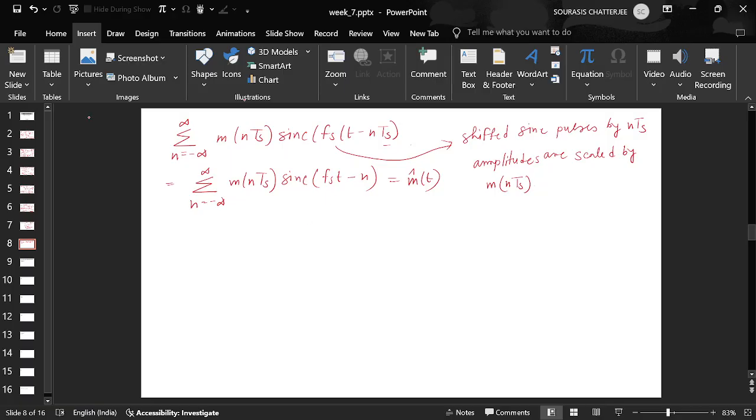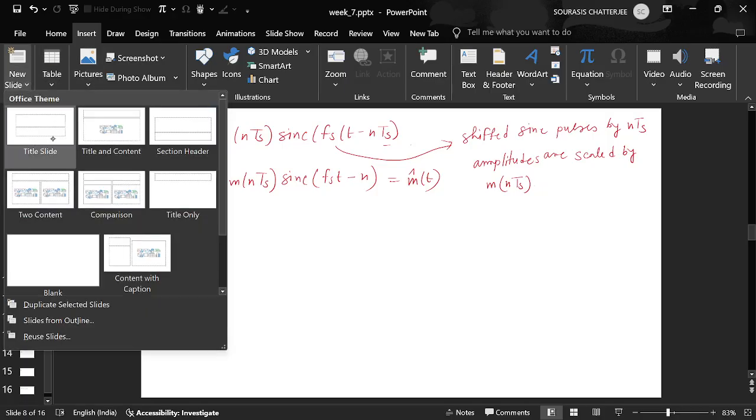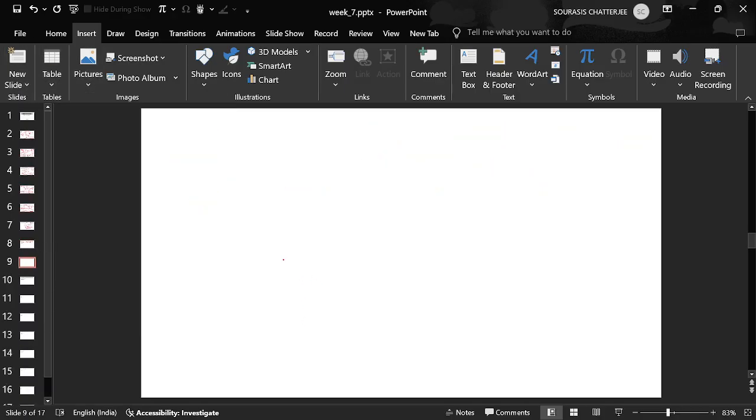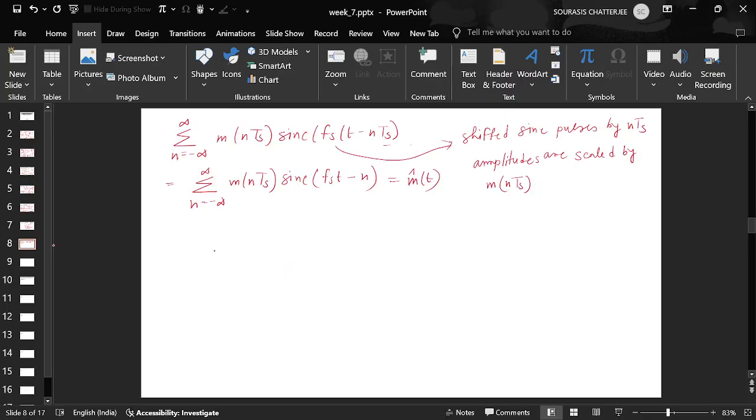So if I am to draw the spectrum to visually interpret how exactly we can recover m(t) from those amplitude modulated and shifted versions of sinc pulses, this will look as follows. So let me draw the first sinc pulse corresponding to n0.